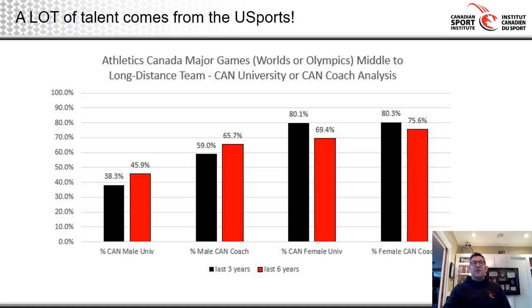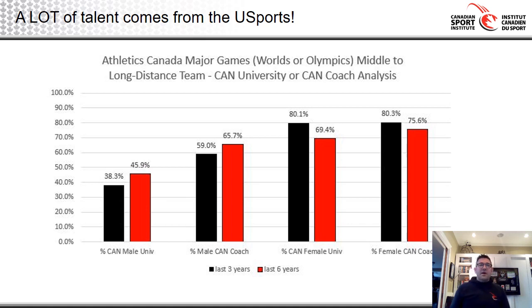The men's story is a little different. The percent of athletes that are coming from a Canadian university on our major games team is 40 to 45%, but 60 to 65% of the men on our world and Olympic teams are coached by a Canadian coach.